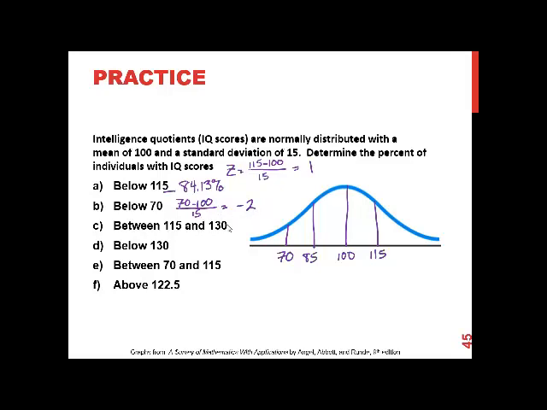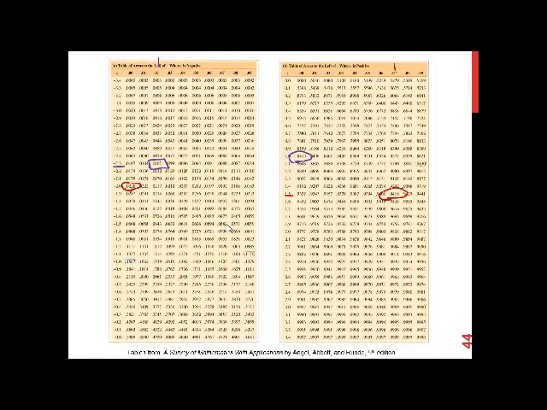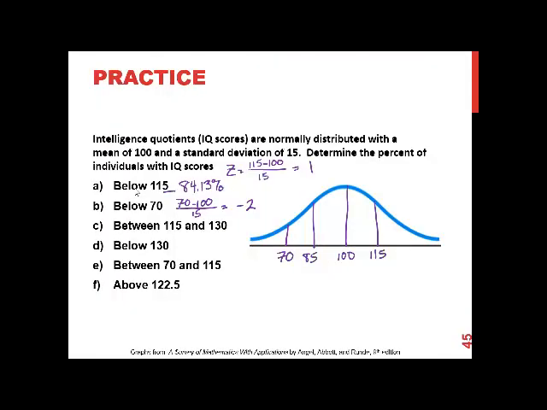So we'll go back to our table and look up a negative 2. We've already done that. 0.0228, and that tells us that 2.28% have IQs below 70.